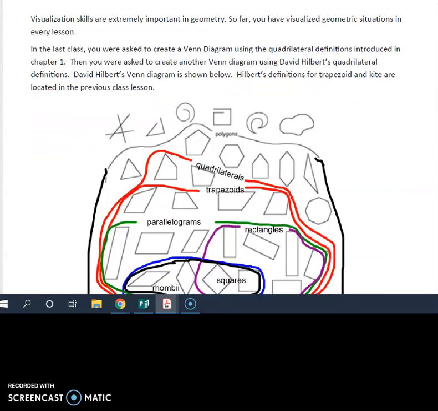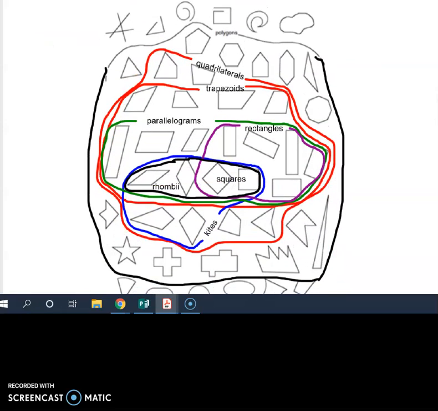This activity is a continuation of the activity that I asked you to do on Wednesday. This is the Venn diagram using David Hilbert's definition for trapezoid and kite. By David Hilbert's definition, a trapezoid is a quadrilateral that has one set of parallel sides.